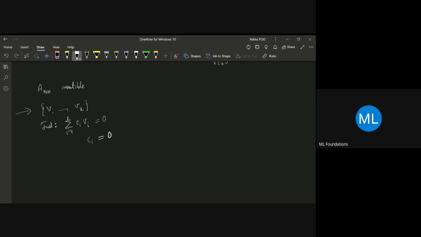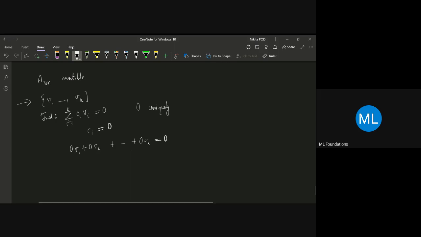So basically you should be able to write 0 uniquely. It is just 0 times v1 plus 0 times v2 plus up to 0 times vk equals 0. This is a unique way of writing 0.